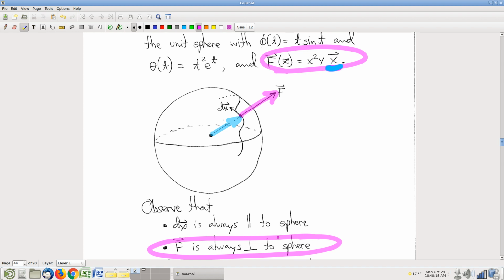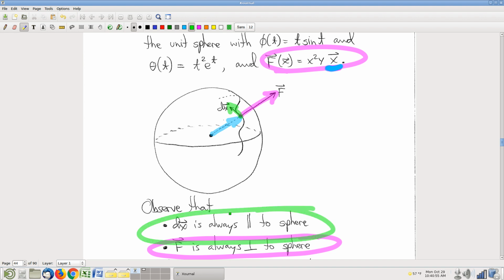We've got the position vector, and of course it's a sphere, the most symmetric non-flat surface that we know of. So the position vector is always perpendicular to the surface itself. Well, the vector field points in the exact same direction. That means the vector field is perpendicular to the surface. And because our curve is always in the surface, the differential is always tangent to the surface.